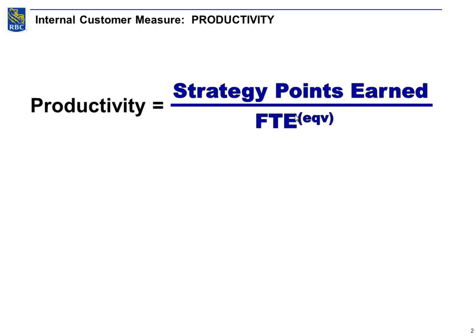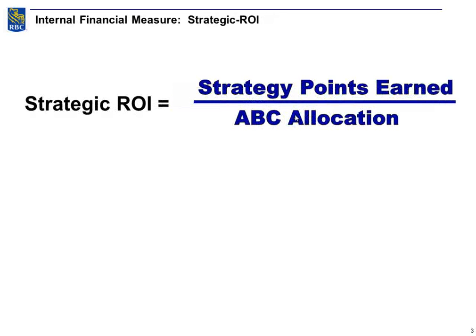In fact, the third module, the productivity module, we'll be drilling into this in more detail. So for now, we'll have a rough cut piece of data, but 3 weeks from now, we'll have a more sophisticated formula. Now, that's an internal measure. We can't use that externally. So internally, on the return on investment, on the cost, F1 objective, we can take a look at those strategy points and divide that by the activity-based costing allocation of cost to achieve those strategy points.